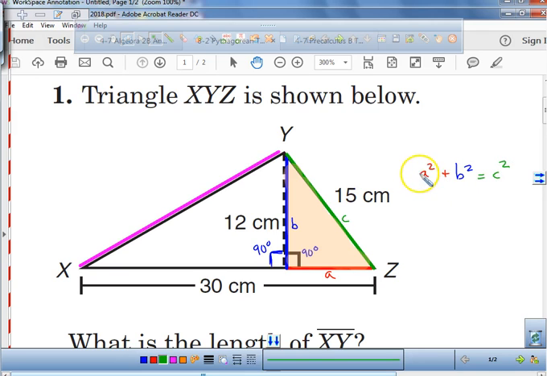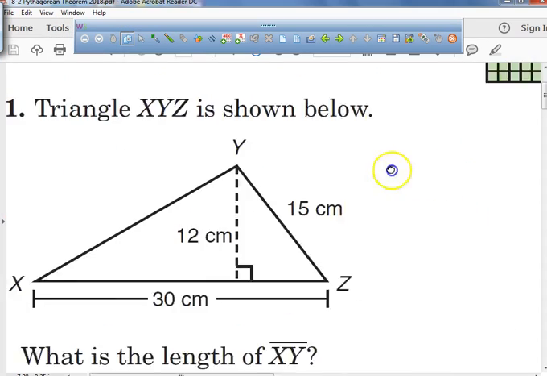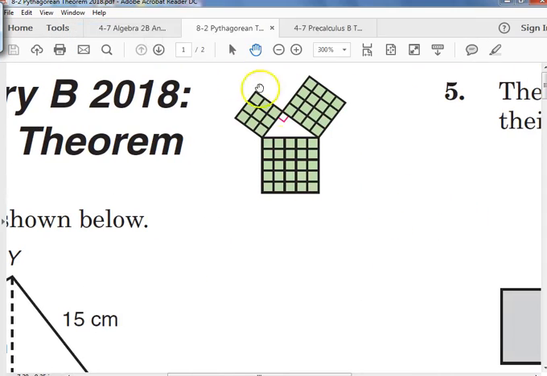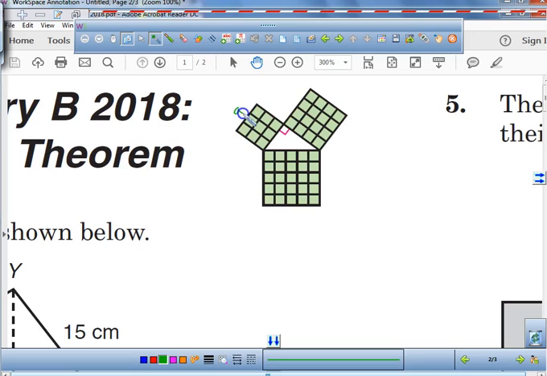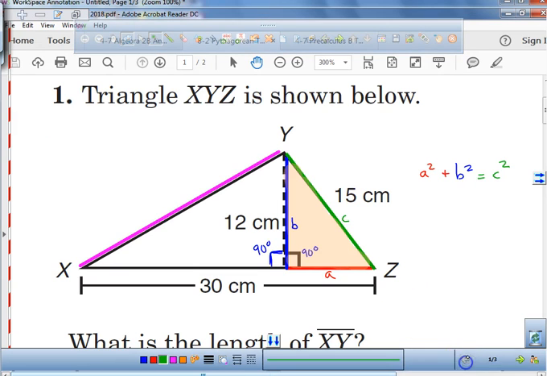So the area of A, when I say a square, what am I talking about? I'm talking about like this picture. This is A made into a square, this is B made into a square, this is C made into a square. This squared plus this squared equals this squared. That's what I'm referring to.